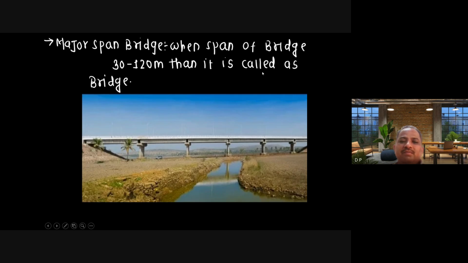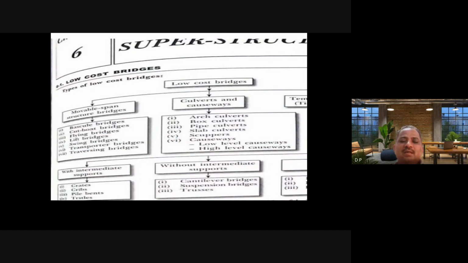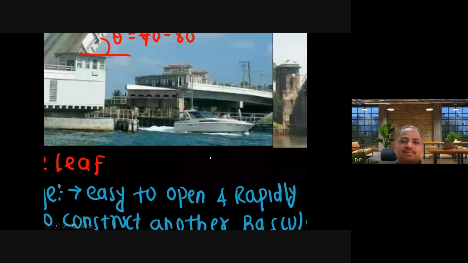Major span bridge when the width is 30 to 120 meters. So this will be for larger or bigger rivers. Long span bridge, more than 120 meters, or larger bridges like Bandra Worli Sea Link or various bridges in the ocean.